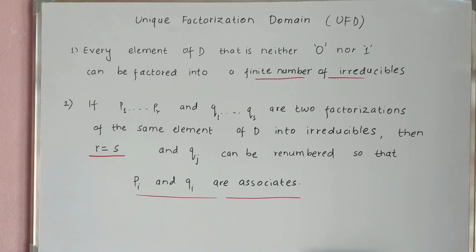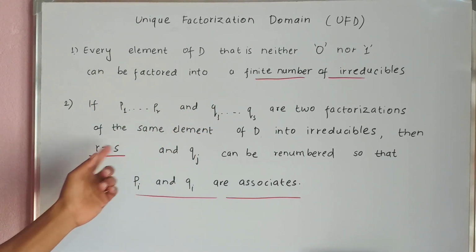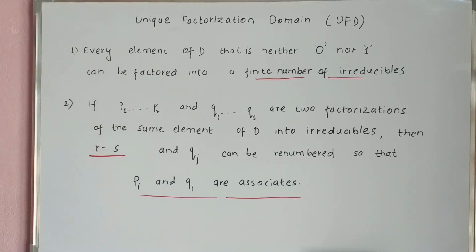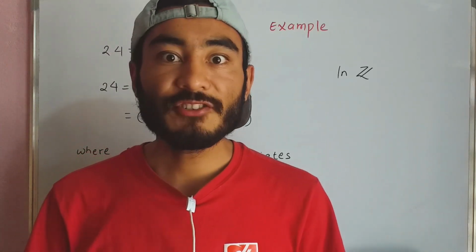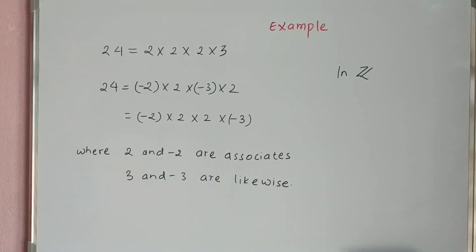That means the total number of factors in these two factorizations are the same, R equals S, and the factors can be reordered such that the corresponding factors are associates. Now let us see what this means with an example in Z. 24 is an integer. The first factorization of 24 into primes is 2 times 2 times 2 times 3.